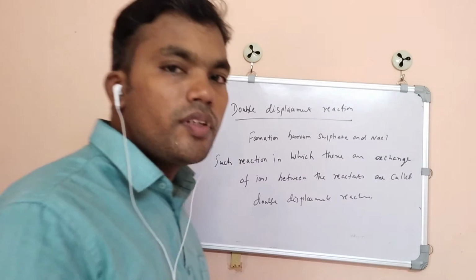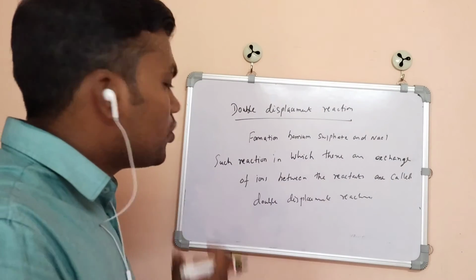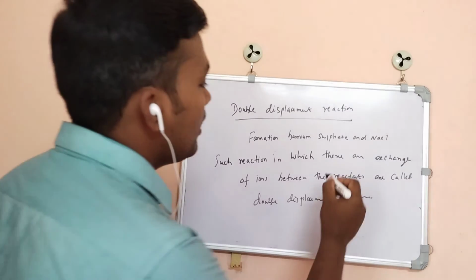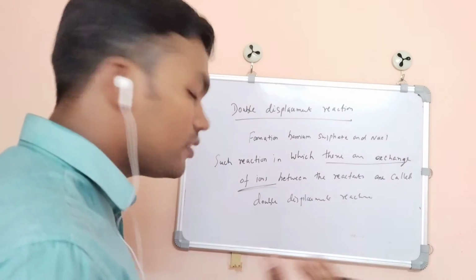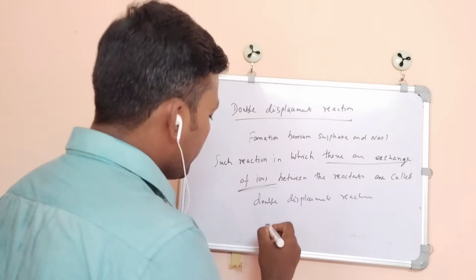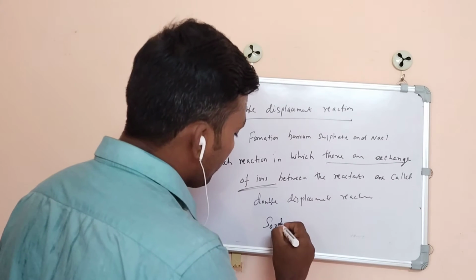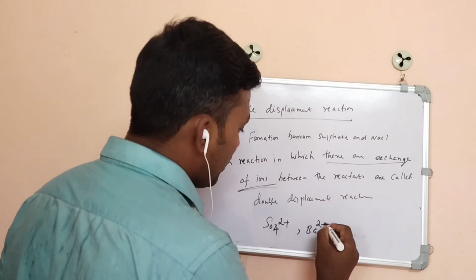What is the definition of the double displacement reaction? In such a reaction in which there is an exchange of ions. Here, what are the ions? SO4 2 minus and Ba2 plus.